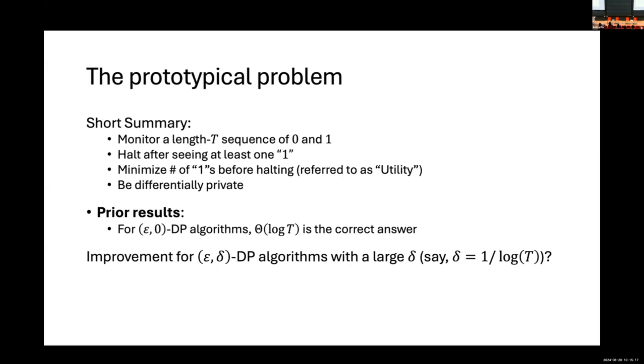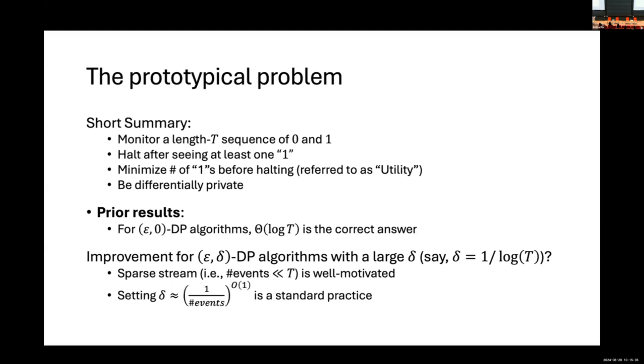So say delta is 1 over log t. The standard practice of DP usually sets delta to be inverse polynomial in the size of our data set. However, we argue that the case of sparse streams, meaning that the number of events is far less than t, is a well-motivated setting. In that case, setting delta to be inverse polynomial in the number of events is standard practice.